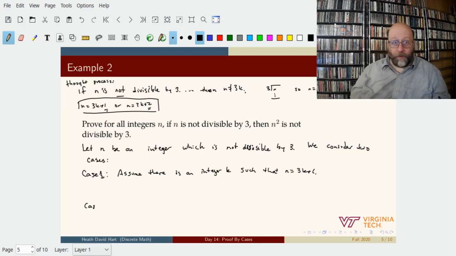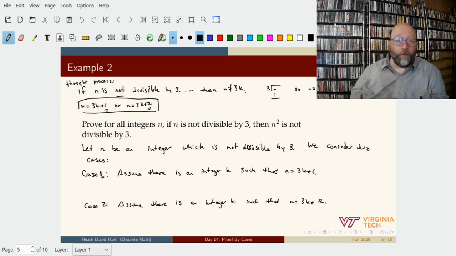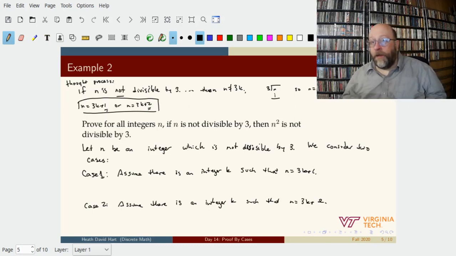And for the second case, we're going to assume there is an integer k such that n equals 3k plus 2. So that's my two cases. It's not divisible by 3, which means there's got to be a remainder. We just don't know what that remainder is. So we look at both cases and see what happens.